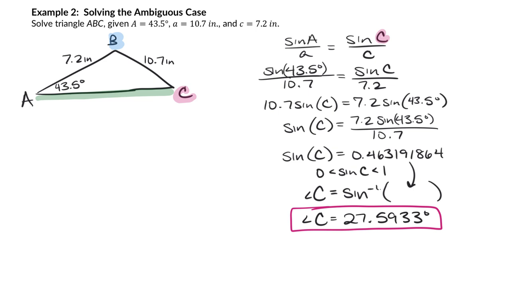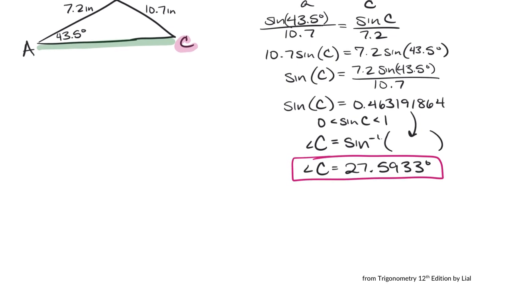Triangles always have to add up to what? 180. So basically in one step I can find angle B. Angle B, big B, is going to be 180 degrees minus the 43.5 degrees minus angle C. I'm not going to write that number again, but your calculator can do it. 180 minus 43.5 minus, toggle up to that number, press enter. 108.90.